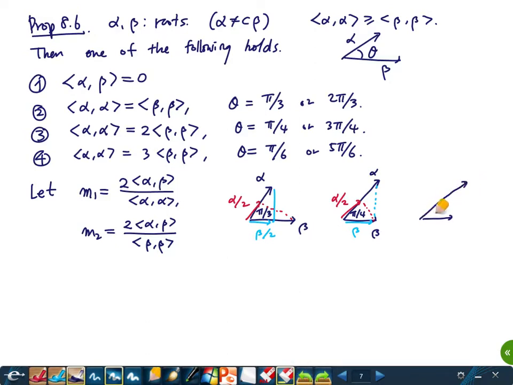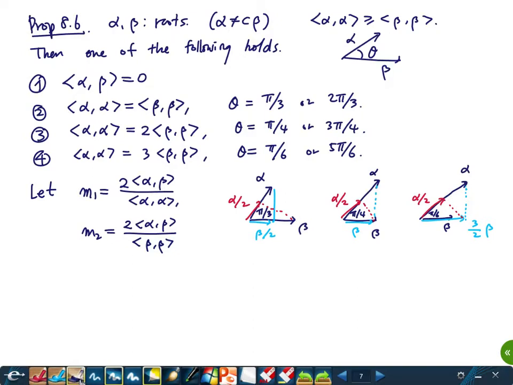So it's pi over 6. This is beta, alpha. If you project beta onto alpha, it's not very accurate, so this part is 3 over 2 beta, and this part is still alpha over 2.